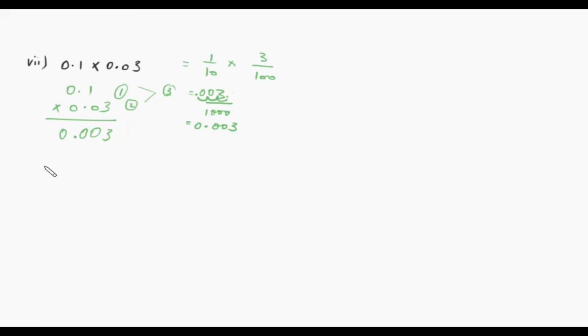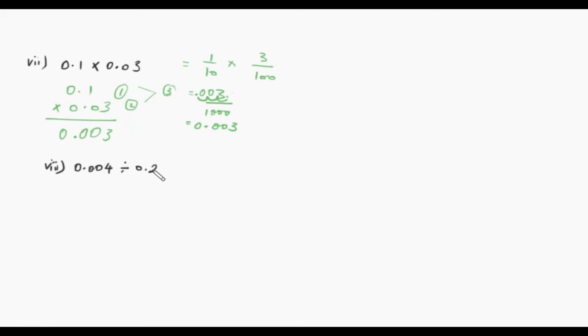Let's say you have 0.004, and you have to divide it by 0.2.